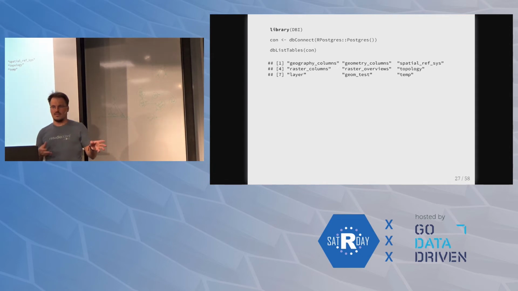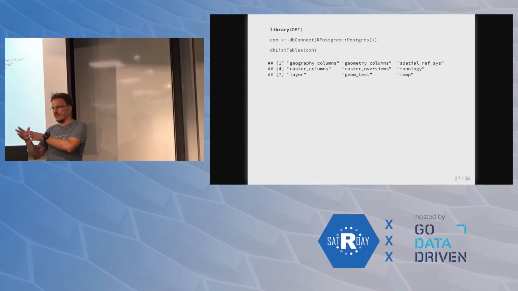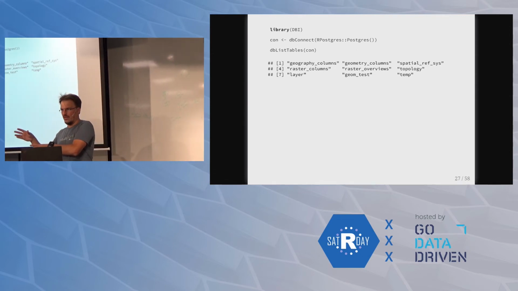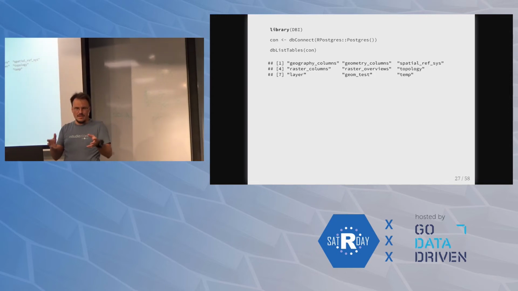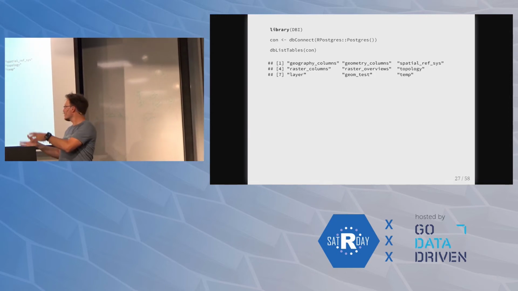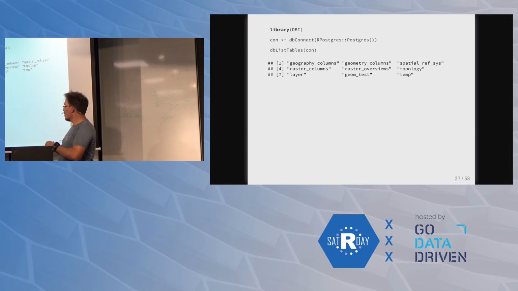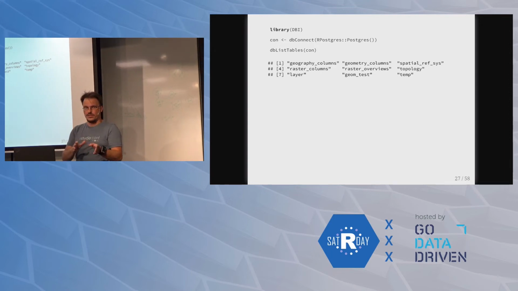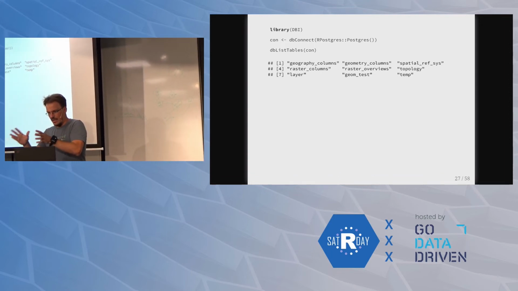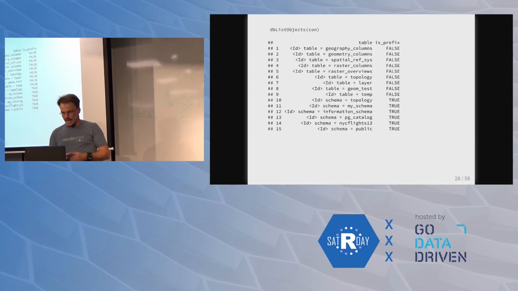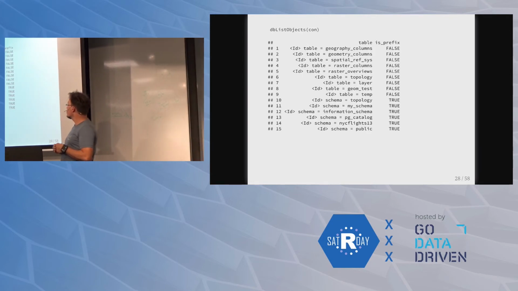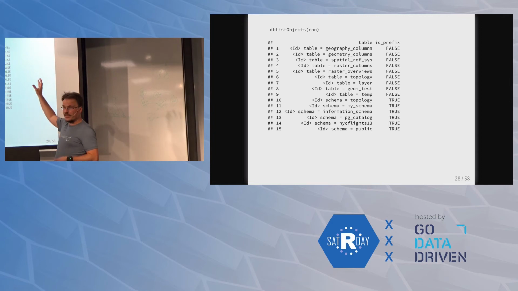So schema is very similar to a directory in a file system. It's a namespace where tables in a database are stored, but you need to tell the database where to look. And to list tables from a schema, we have the new dbListObjects function.